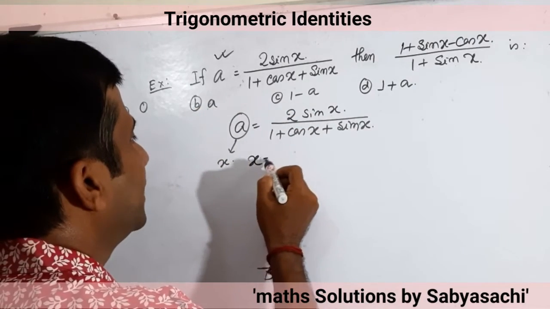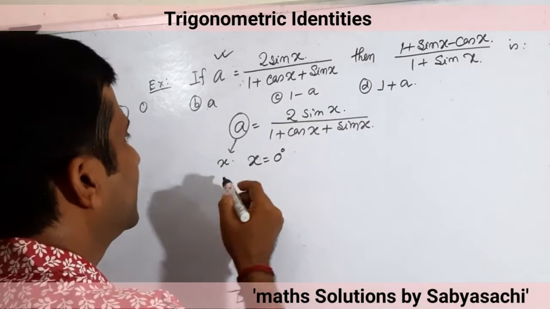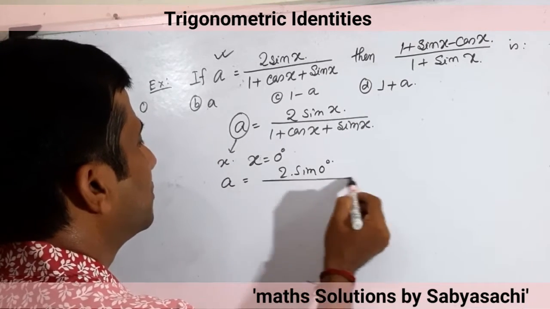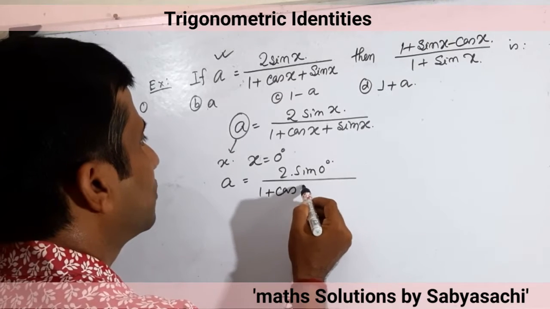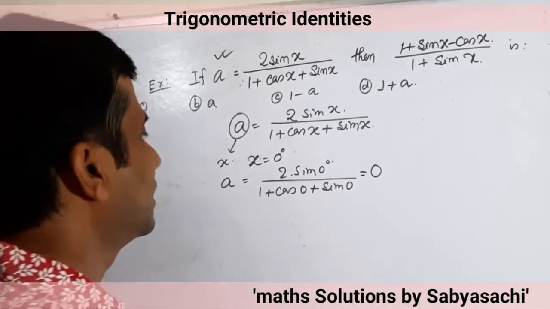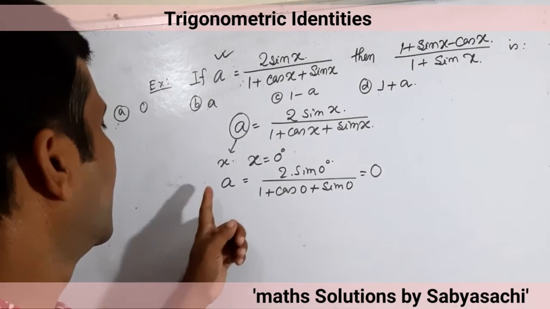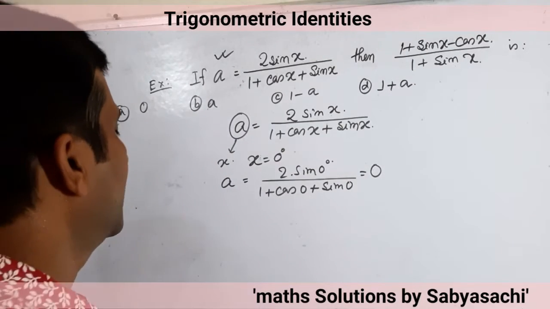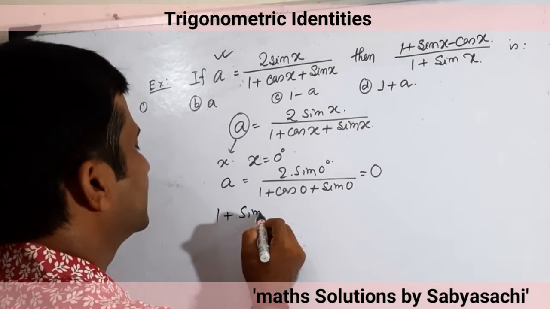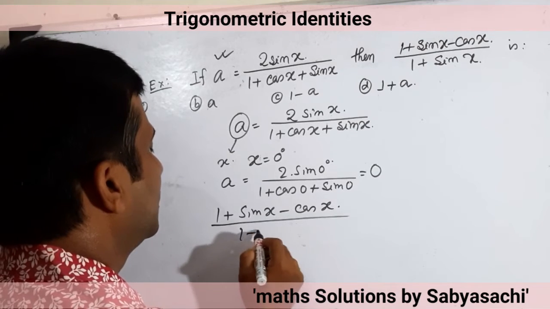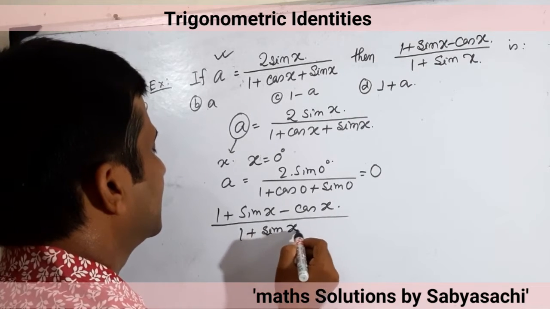Then putting x is equal to 0 degree, we get a is equal to 2 sin 0 by 1 plus cos 0 plus sin 0. Sin 0 means 0, and the value of a is 0. Now we put here (1 plus sin x minus cos x) by (1 plus sin x).